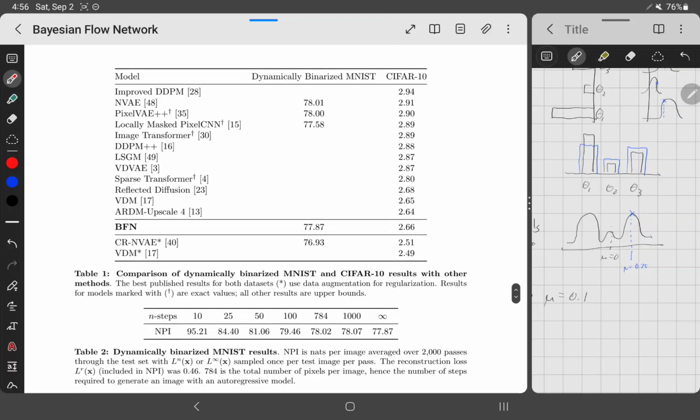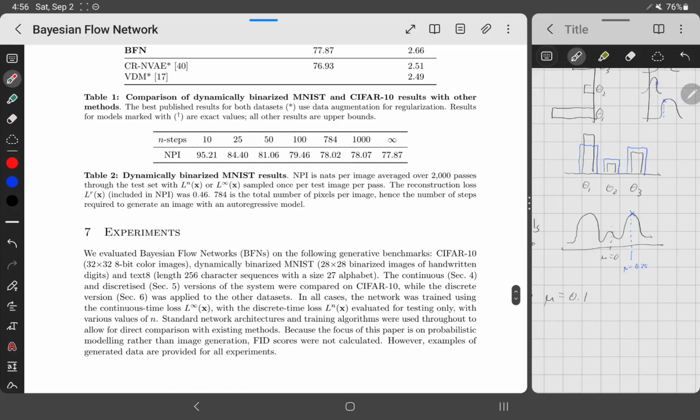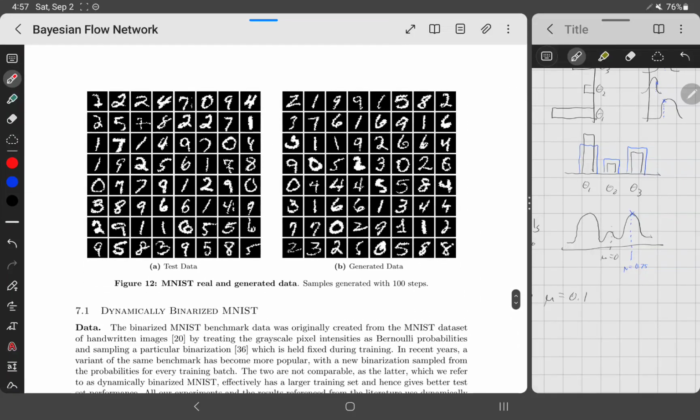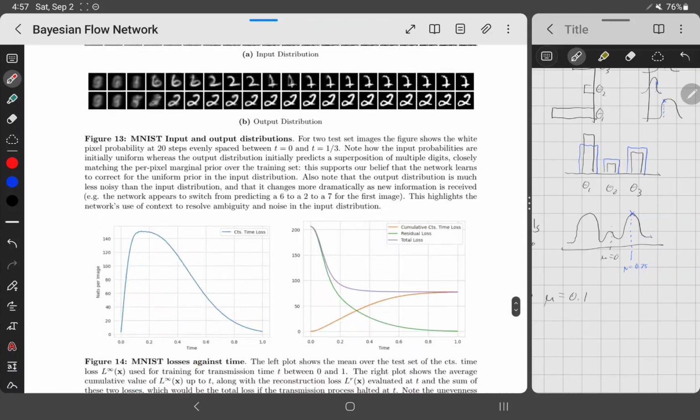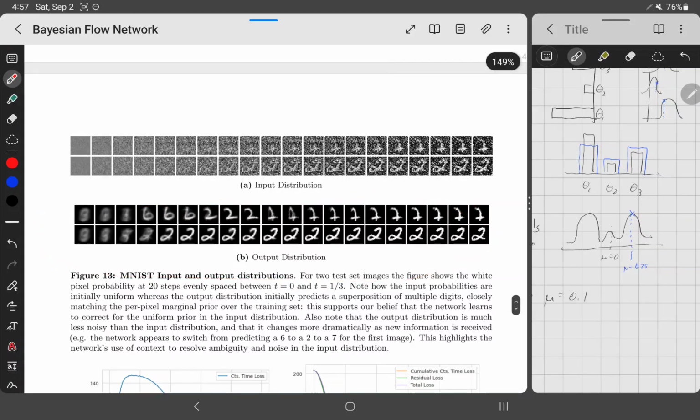All right, so here we go. We'll just go to the experiments to show off the pictures. So you can see it does generate MNIST, which is a good thing to show off. If it could do MNIST, then it's a good first step. It is interesting to see. So this is the output distribution.